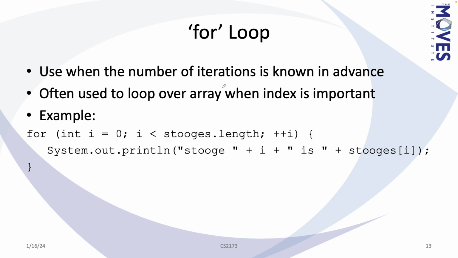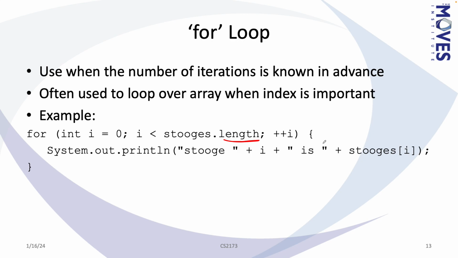Okay, so the for loop is the workhorse of this, and we use it typically when the number of iterations is known in advance. And this is one of the places where Java made a small but significant improvement over C, and that is remember that arrays are objects, and as objects, one of their attributes is something called length.